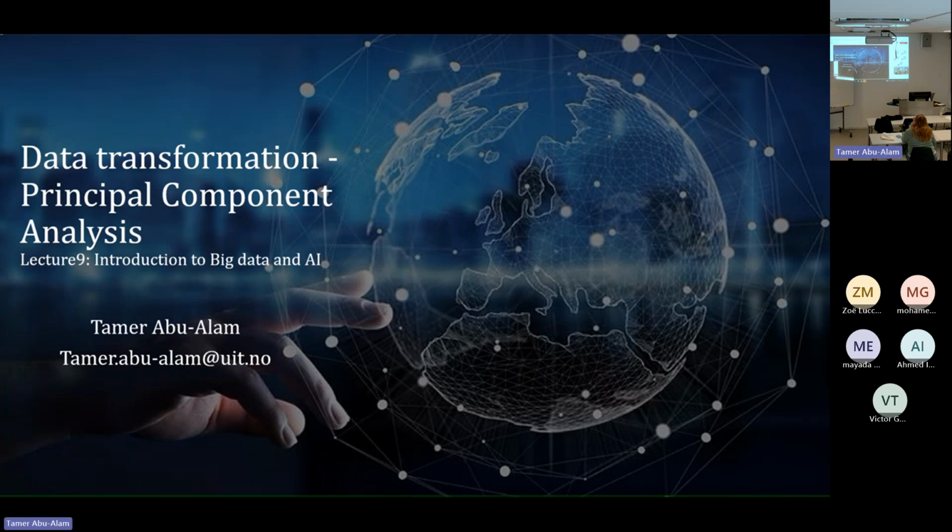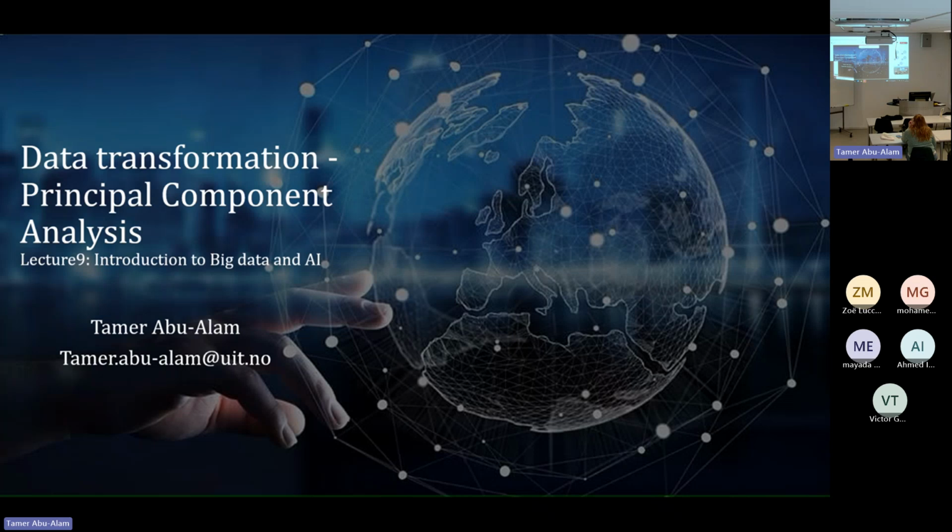And Vicky helped us with part of the data visualization, which is QGIS. So actually, QGIS is part of the data visualization topic or lecture.